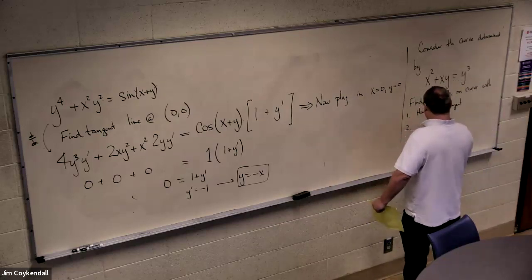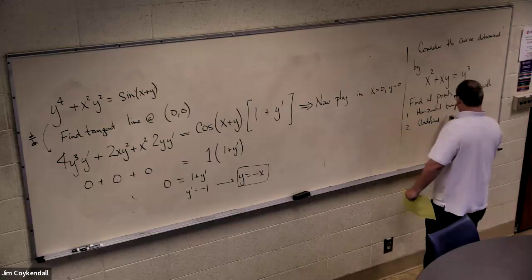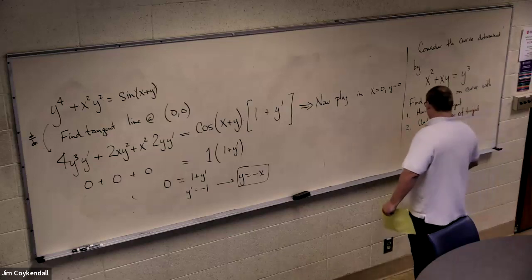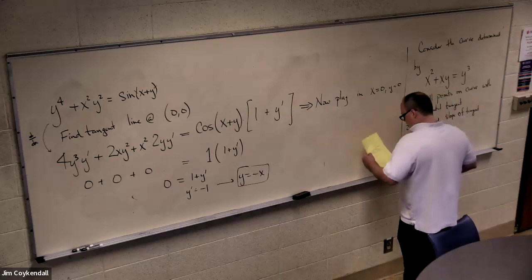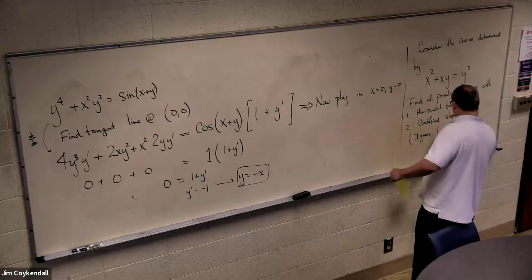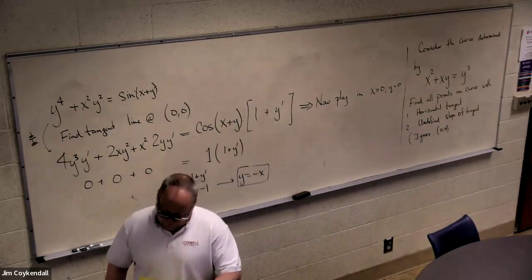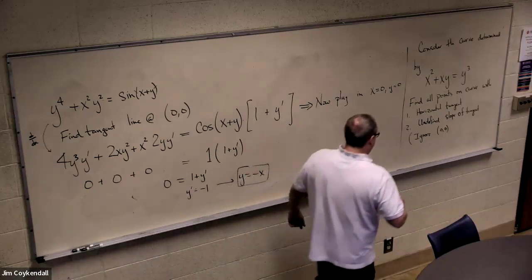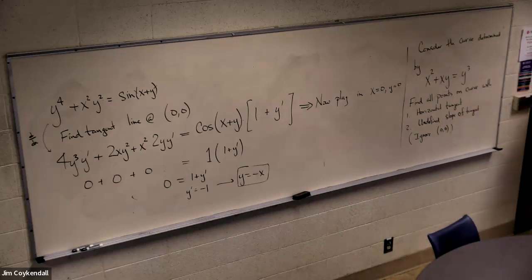Two, undefined slope. And you may ignore for the purposes of this (0, 0), because that requires slightly deeper analysis. Notice that (0, 0) actually is on the curve.